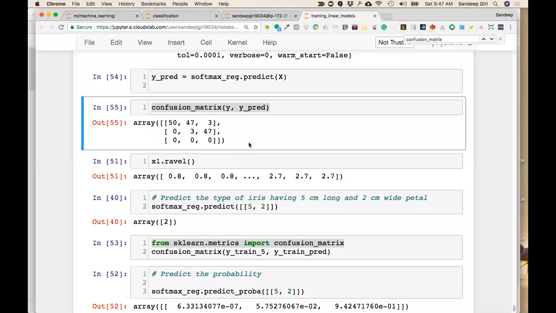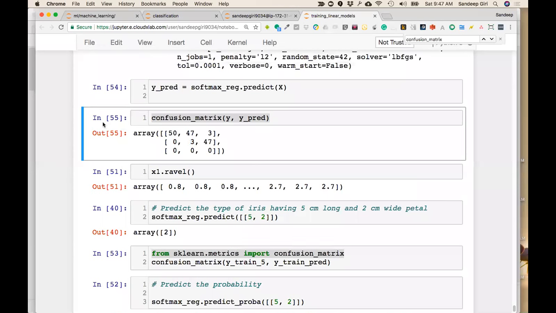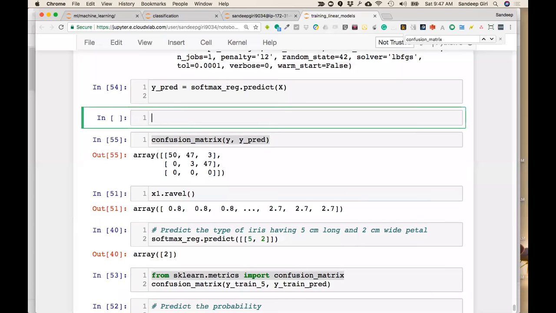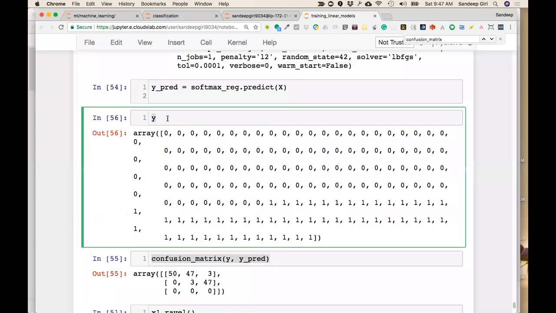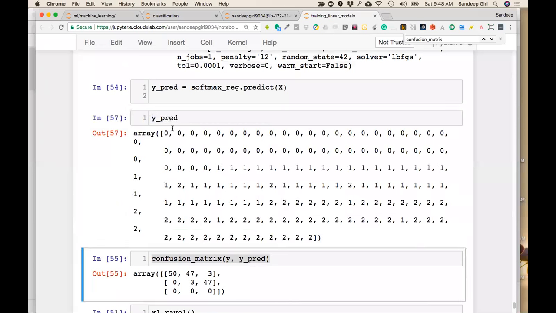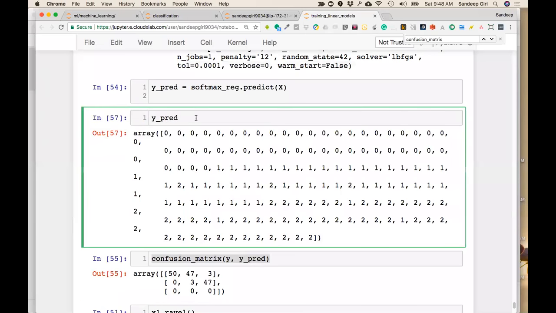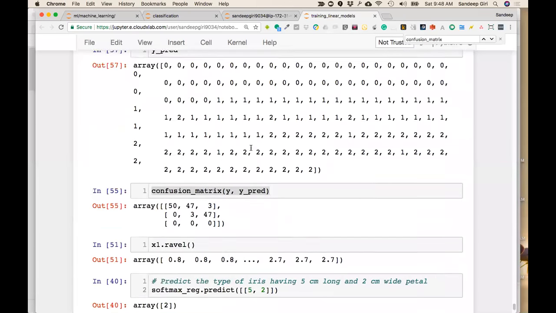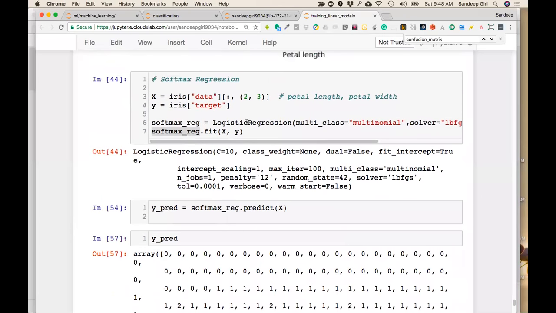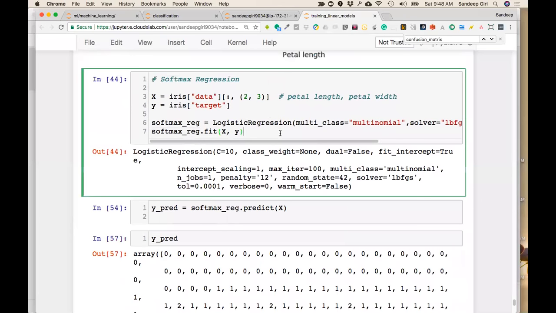Okay, and so on. So there must be some other problem with our data set. Actually y is only 0 and 1s, and y predicted is 0, 1, and 2. That's the reason why we are getting such awkward results.